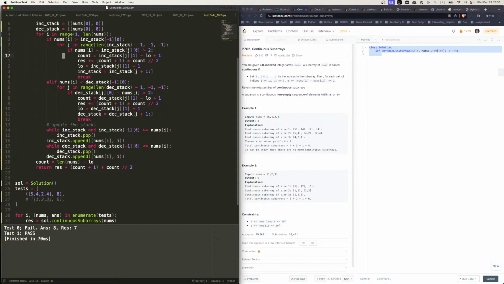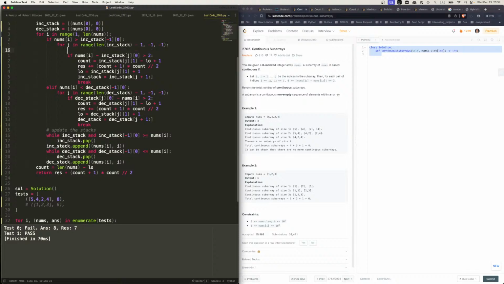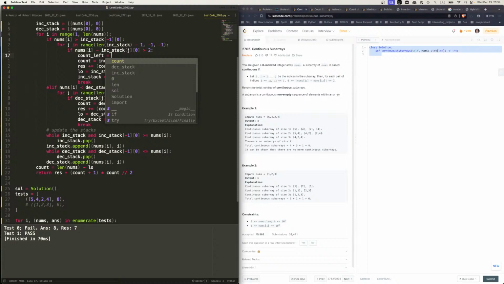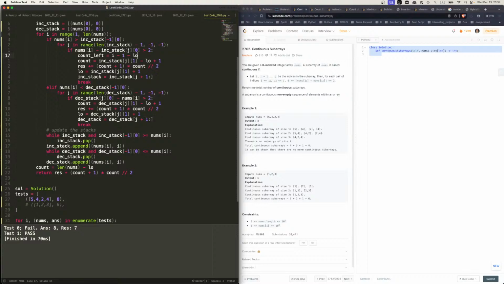So basically here, if I have something that's too big, we need to do, hold on, that's not right. Count left, right, shall equal to i minus 1. That's the most recent one, right? So it should be i minus 1 minus low plus 1. So i minus low, that's the count left.